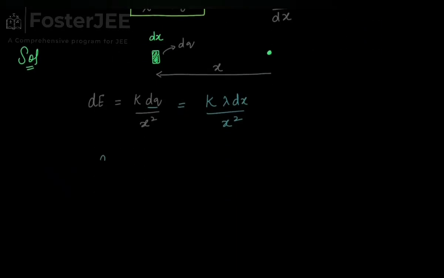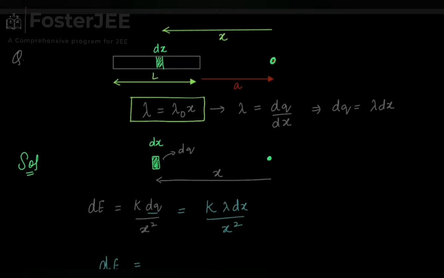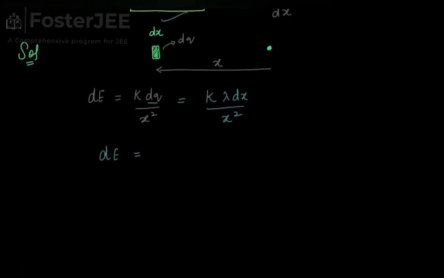Now the value of lambda is lambda naught x. So this becomes k lambda naught x dx upon x square, which is equal to k lambda naught dx upon x, which is dE. Now simply we have to integrate this equation.